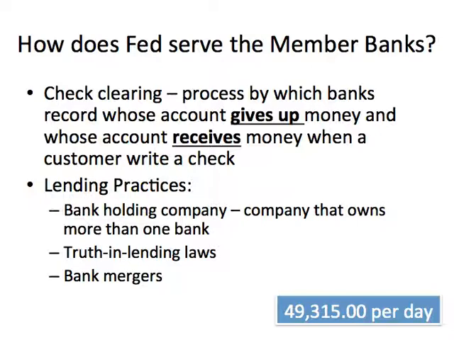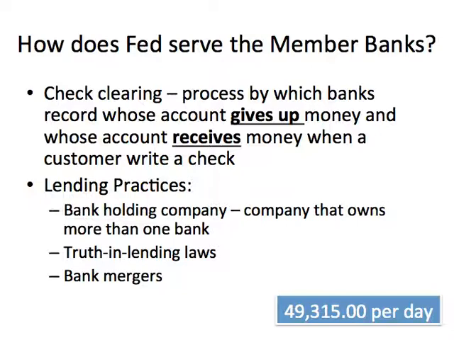On average, the Federal Reserve clears 49,315 checks per day. And this is people's payroll, their paychecks, payments that they're doing. Everything's getting cleared this way. A lot of people are moving away from checks because we have electronic transactions now, but check clearing is one of the biggest things that they do.